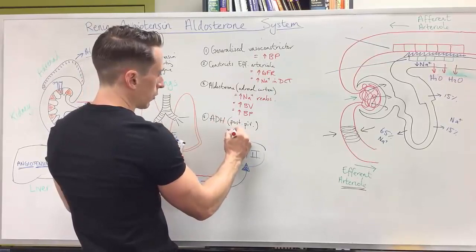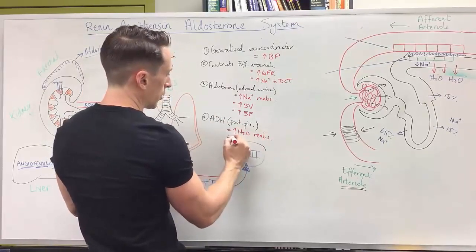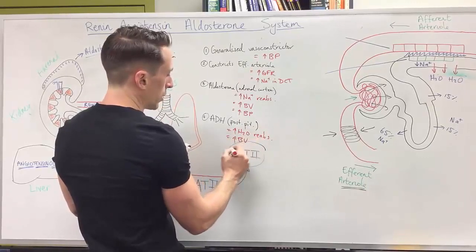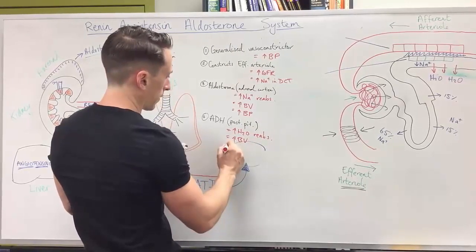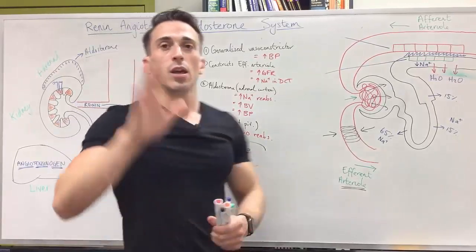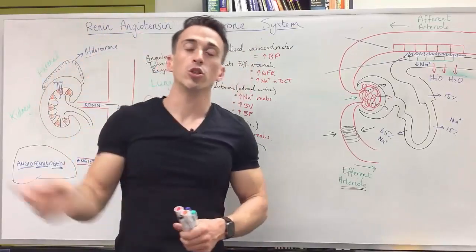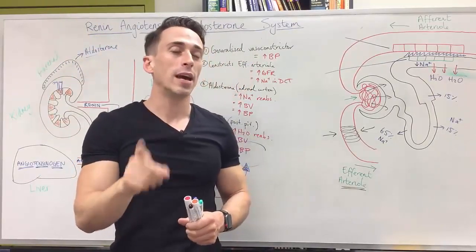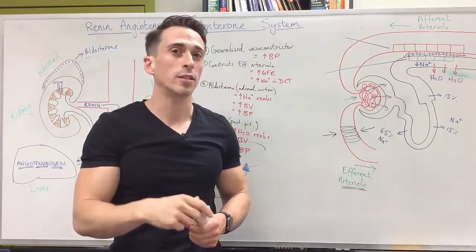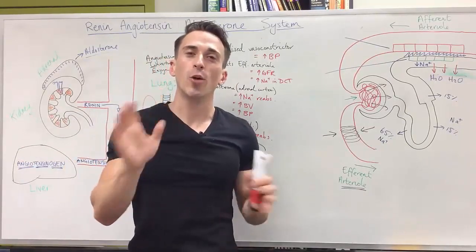Increased water reabsorption, which increased blood volume, which increased blood pressure. There you go. What was the stimulus? Stimulus was drop in blood volume, drop in blood pressure. What was the outcome when you stimulate renin-angiotensin aldosterone system? Increase in blood volume, increase in blood pressure. Hope that makes sense.